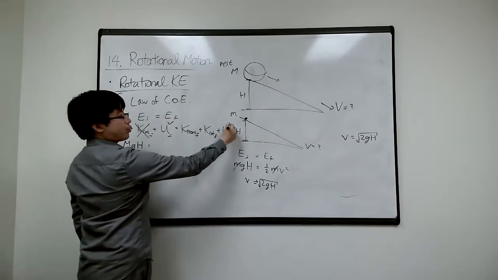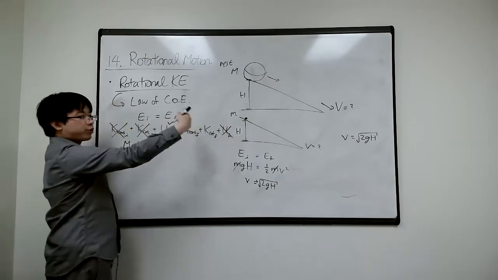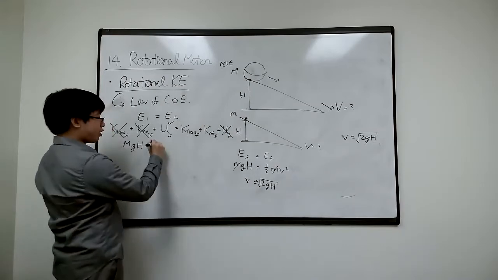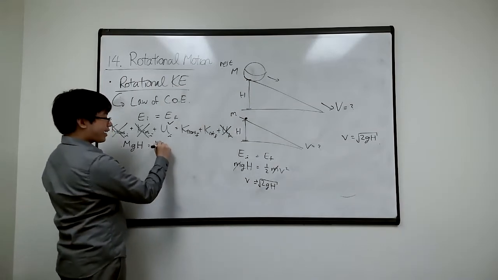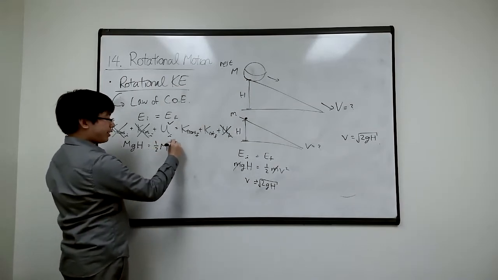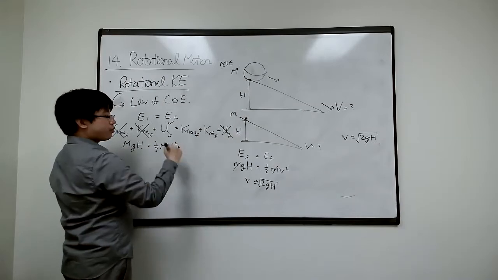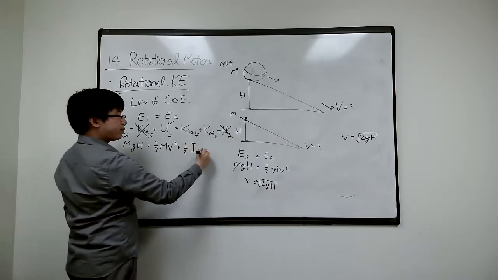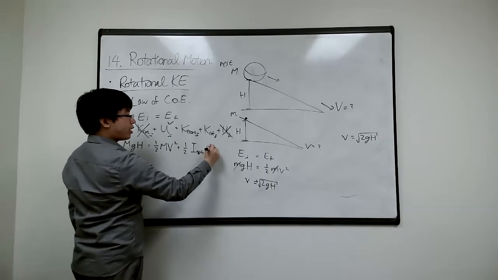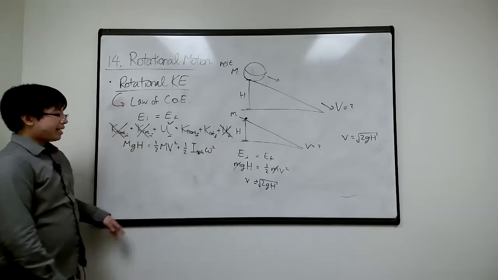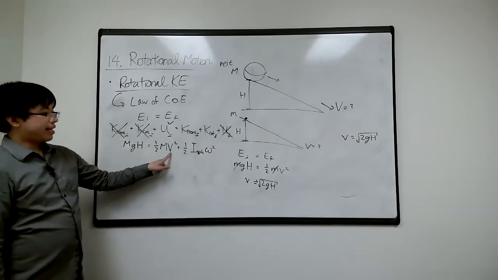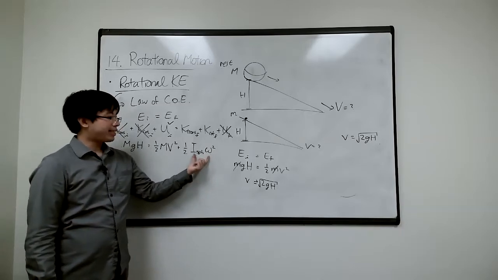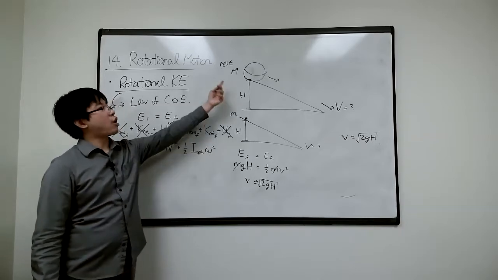At the end, we don't have potential energy, but we are rotating and moving linearly as well. So we have 1/2 capital M capital V squared plus the rotation, 1/2 I of the sphere times omega of the sphere squared. What am I interested in? I'm interested in V. However, I need to rewrite these two, since they are symbols I just created that are not given in the problem.